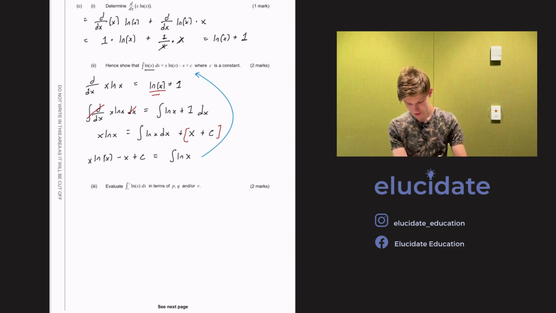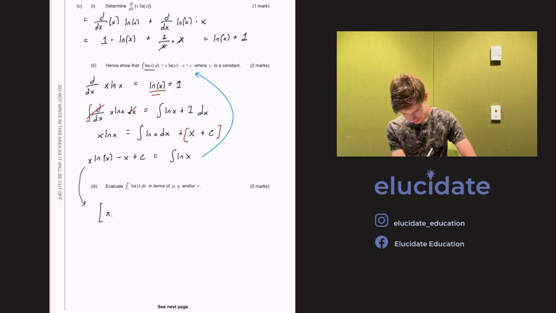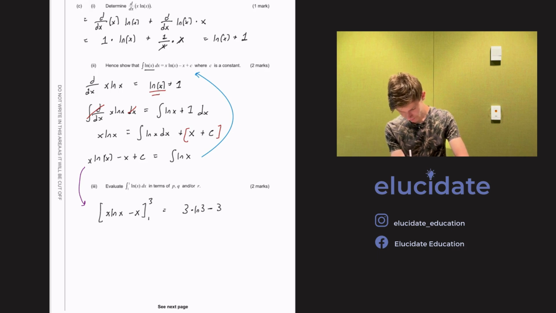Okay, now we are asked to evaluate that integral between 3 and 1. So we have from here our expression. Now we are just going to plug in 3 and 1 from there. So we've got x ln x minus x from 3 to 1. That's the same thing as 3 times ln 3 minus 3 minus the entire expression of 1 times ln 1 minus 1.